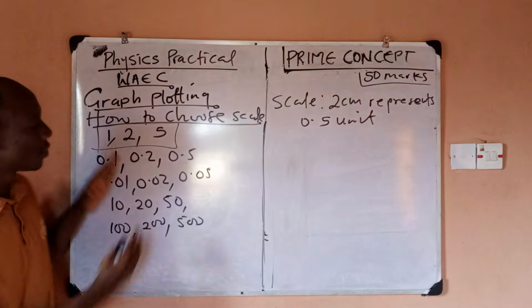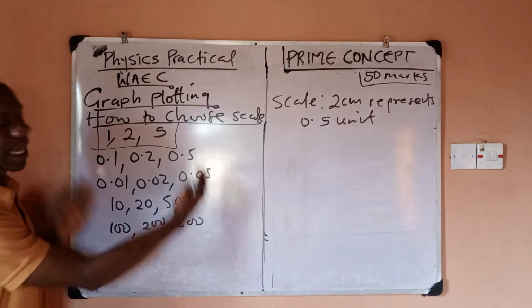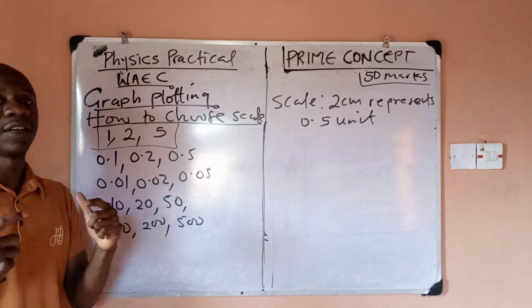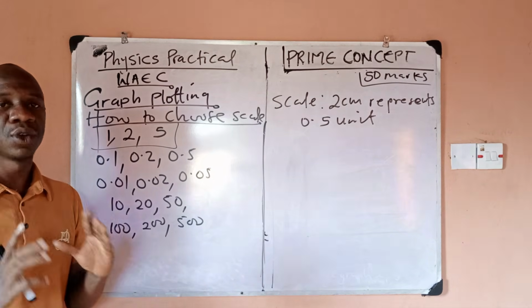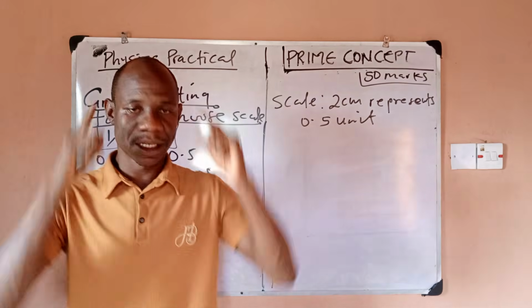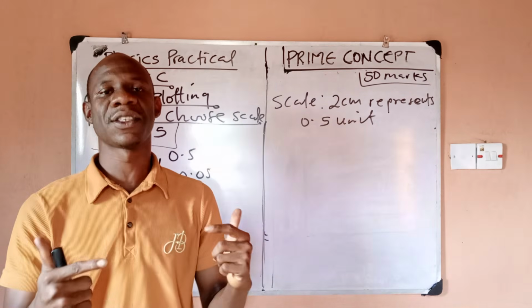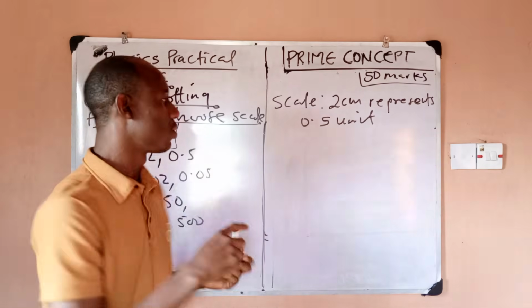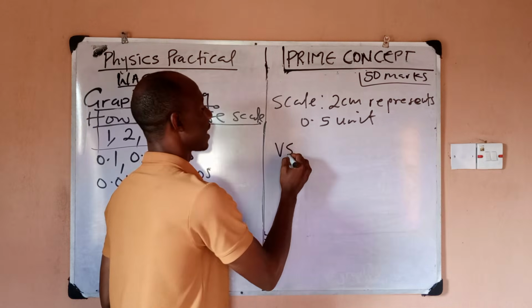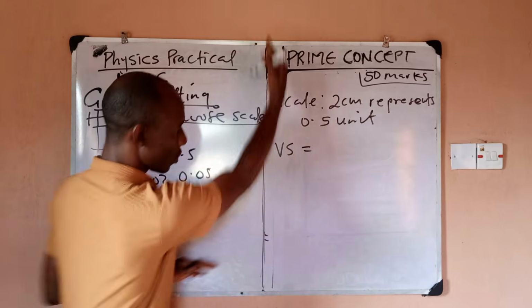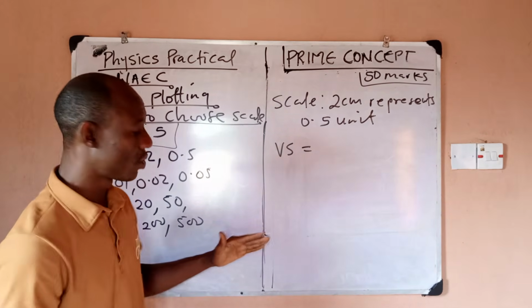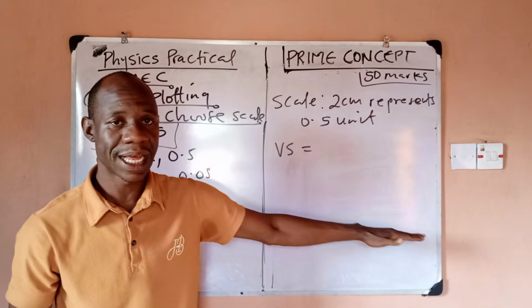Now, since you have known the possible values that can be used as your scale, how do you find it? I have developed a formula that can help you under exam condition, so that you don't strain your brain. You just punch your calculator, and you get your scale. You need to get a scale for your vertical axis, and a scale for your horizontal axis.